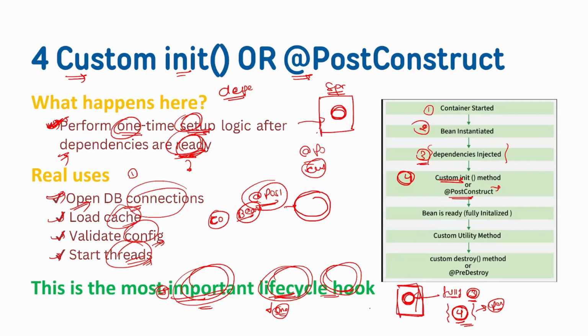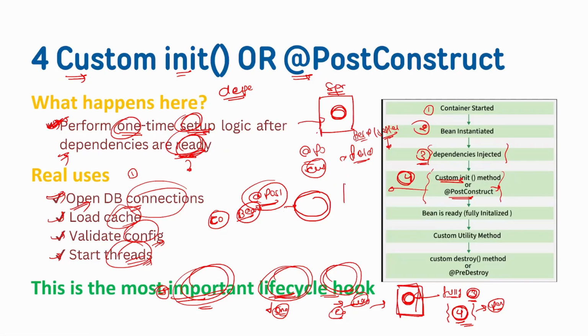Now you will be wondering, why can't we do the initialization in the constructor, and why is there a need for another custom init or post construct method? Because in the constructor, if we do the injection with the help of field injection or setter injection, then the dependencies are not ready in the constructor. As we have seen in the previous example, it will give us the null pointer error.